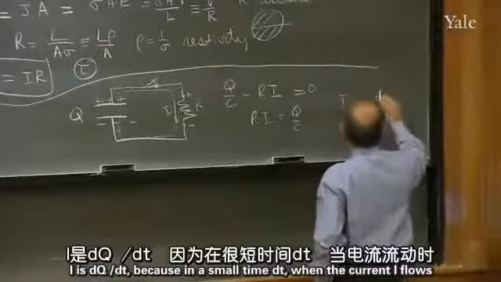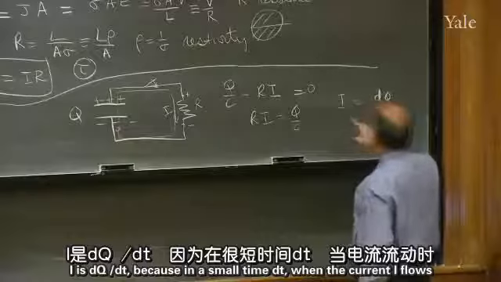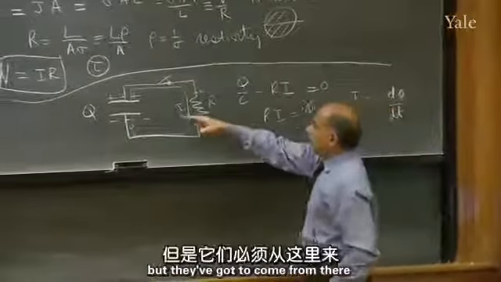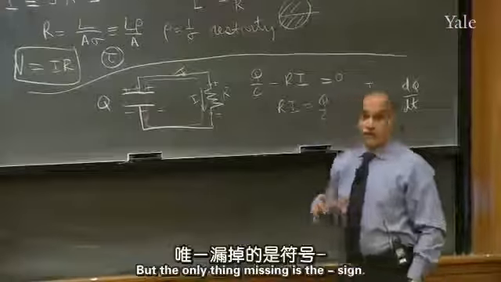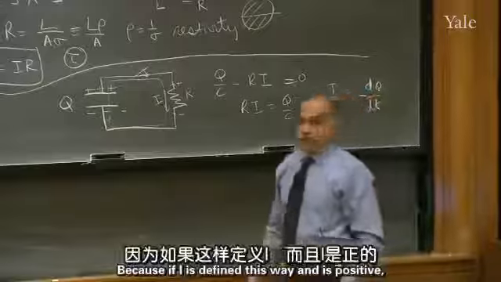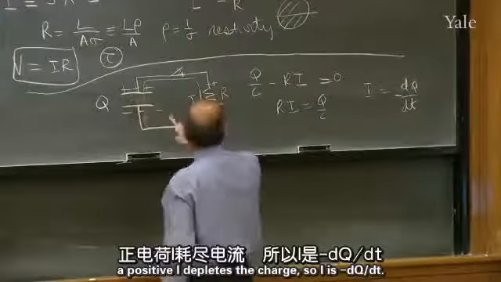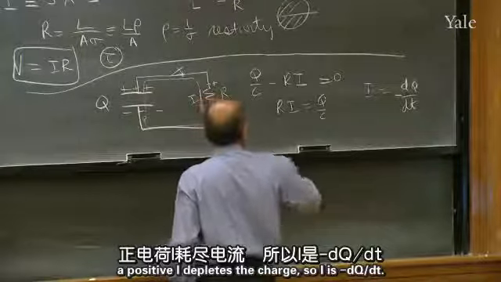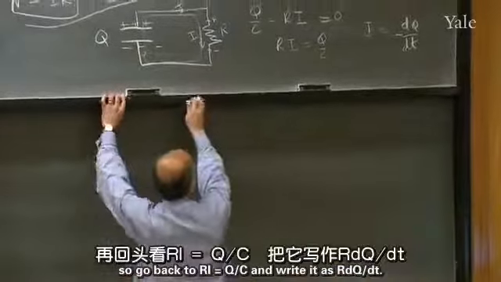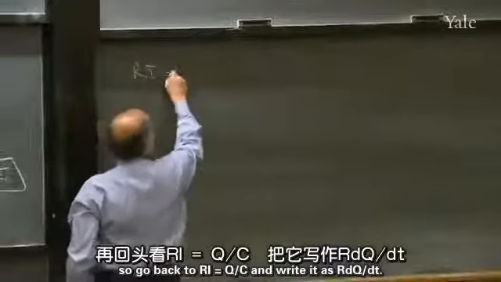I is dq dt, because in a small time dt, when the current I flows, I dt coulombs flow through here, but they've got to come from there. But the only thing missing is the minus sign. Because if I is defined this way and it's positive, a positive I depletes the charge, so I is minus dq dt.